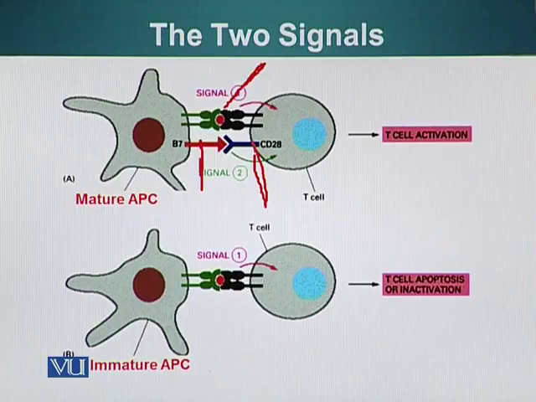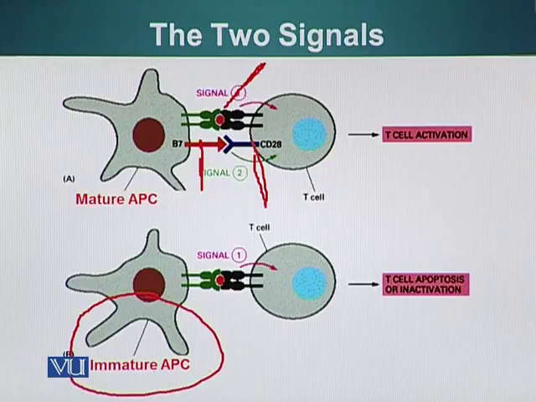If a T cell tries to become active by just one signal, that T cell will be destroyed. It will go through apoptosis because this T cell was recognizing a peptide fragment that was actually a self fragment. Since this APC is immature, it is not displaying B7. That only happens when an APC has engulfed a pathogen.